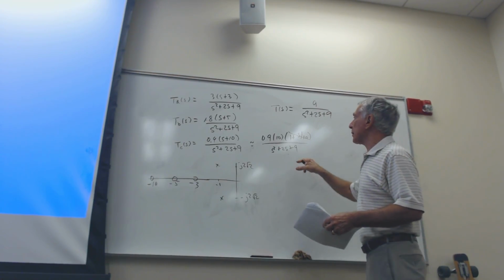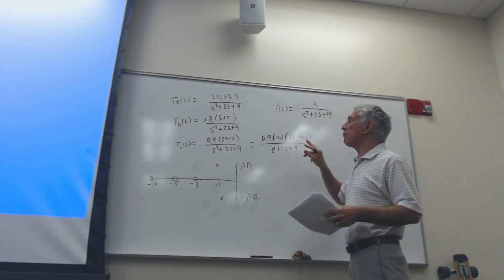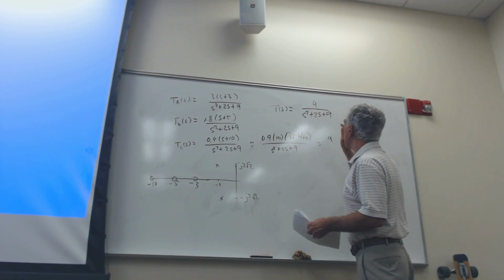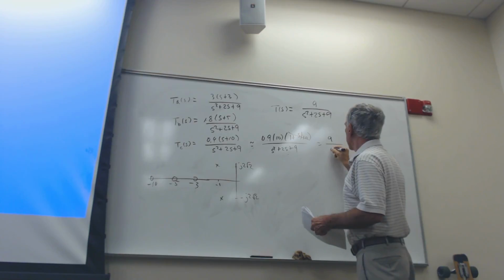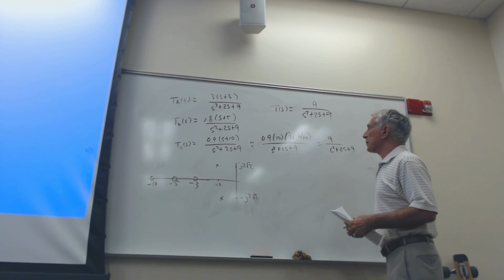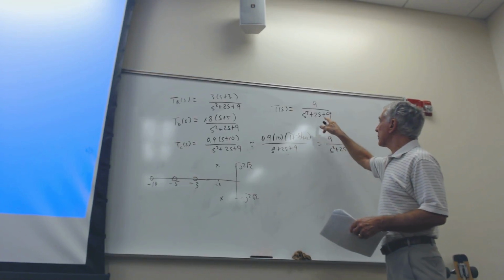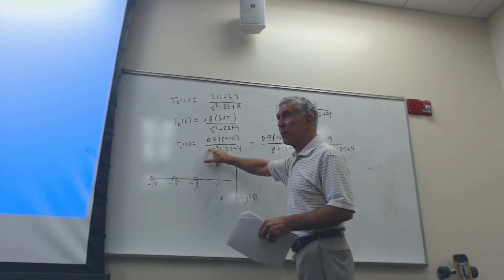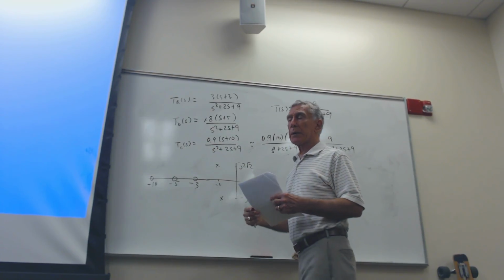And we'll take a look at the resulting step response of this system, which is 9 over s squared plus 2s plus 9. Take a look at the response of this system and compare it to the response of the original system, okay?